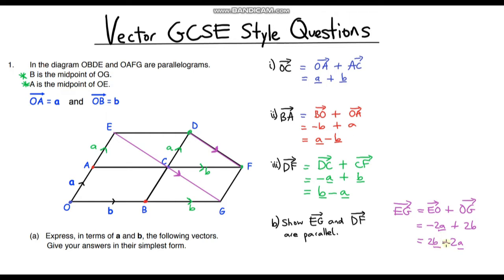If we factor out a 2, this is 2 times the vector b minus a. And we know that the vector b minus a is DF. So we can also say that this is 2 lots of vector DF. And because it is a scalar multiple of DF, those two vectors are parallel.